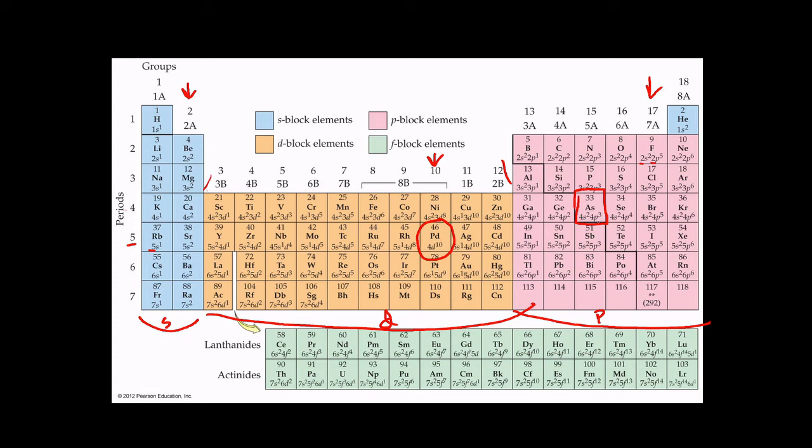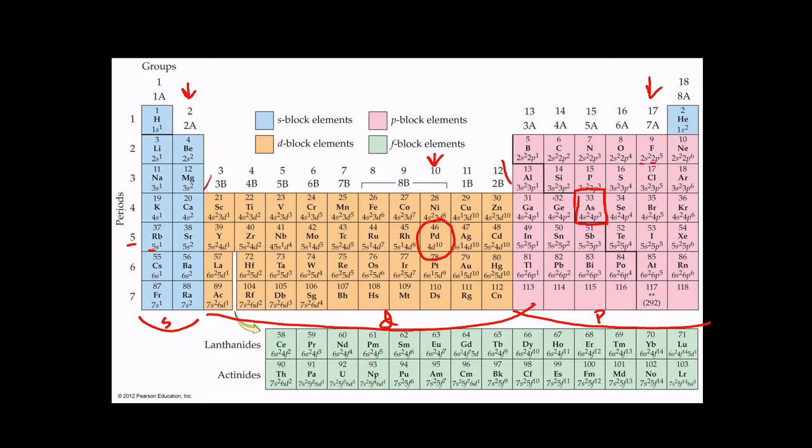So every element in the P block, the last electron you put in goes into a P subshell. Same thing here in the D block. The last electron you put into the configuration goes into a D subshell. And in the S block, the last electron goes into an S subshell.